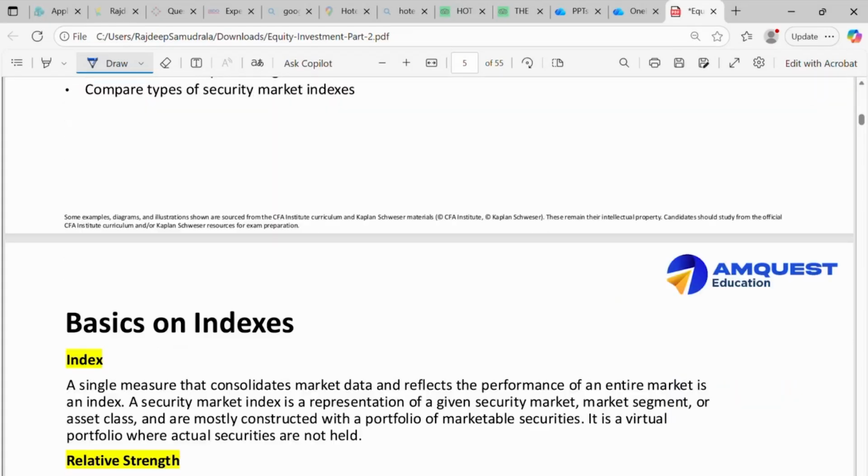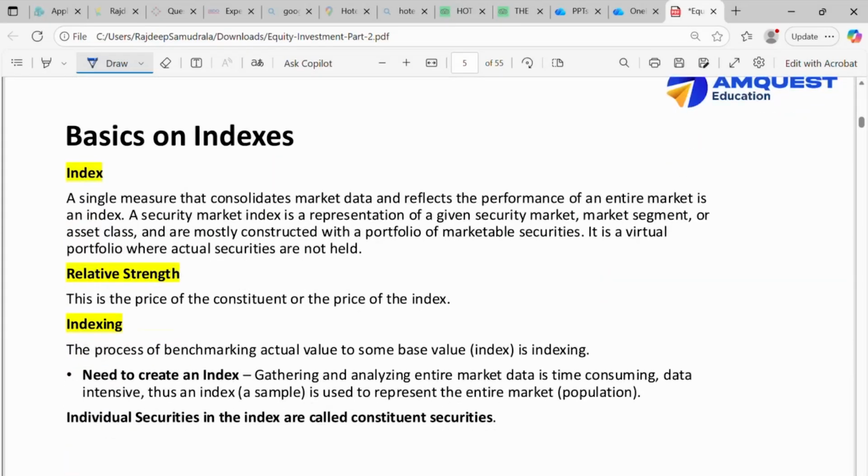Now, what do you understand by a security market index? It's a very important concept, because an index is something you build up from various equity instruments, a basket of stocks that reflects the portfolio and also the market sentiments. An index can be for equity, for fixed income, for the IT sector, or for the manufacturing sector.